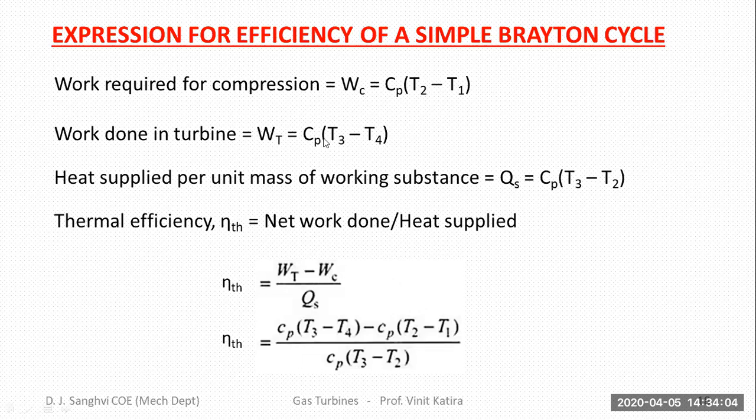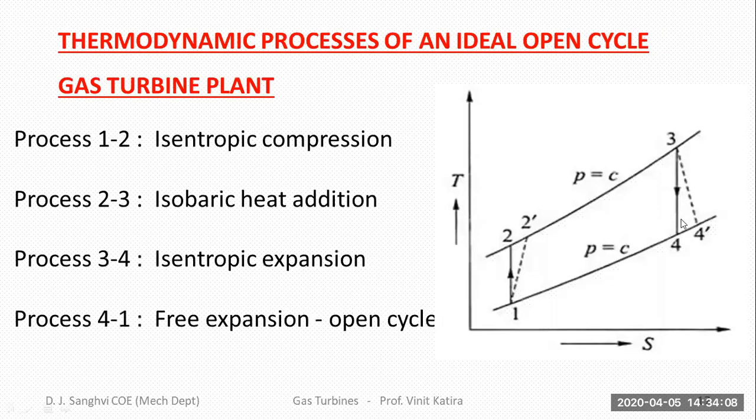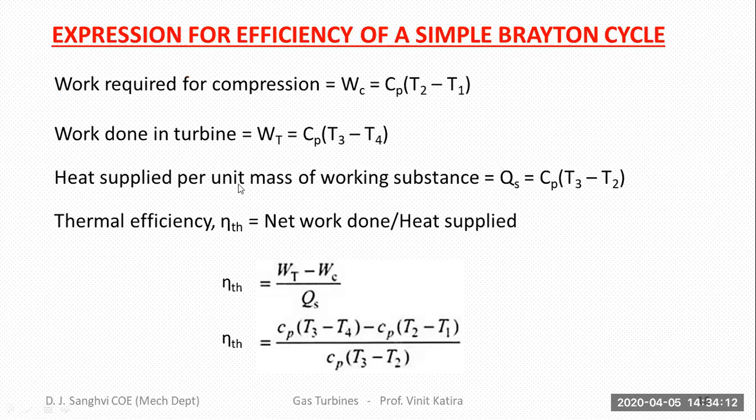Work done in turbine is Cp (T3 minus T4). 3 to 4 is your isentropic expansion. So Cp (T3 minus T4). Heat supplied per kg of your fuel will be Cp of fuel into (T3 minus T2). So thermal efficiency is defined as the output upon the input.